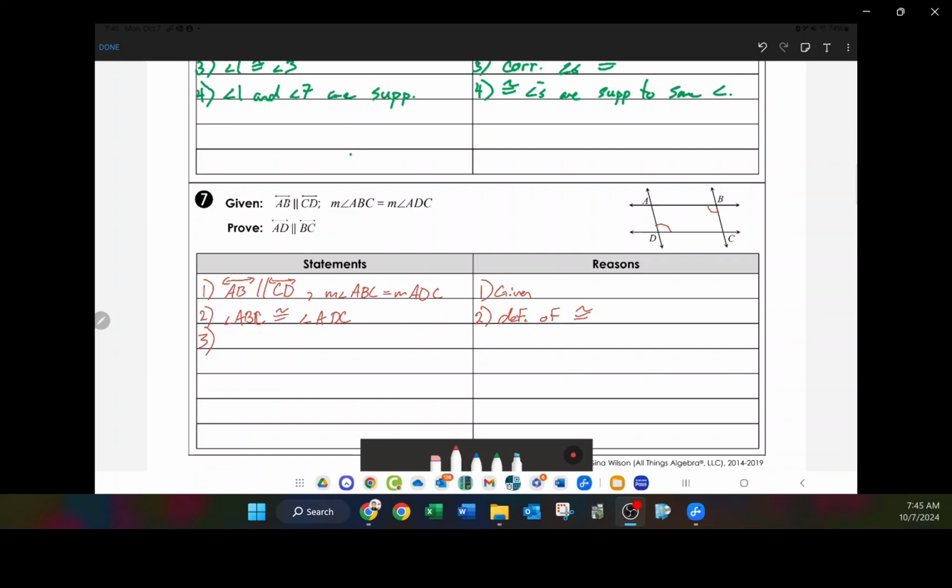So, given that AB is parallel to CD, what angles can I say are congruent? Make it easier. What angle is also congruent to angle ABC? Because lines AB and CD are parallel.